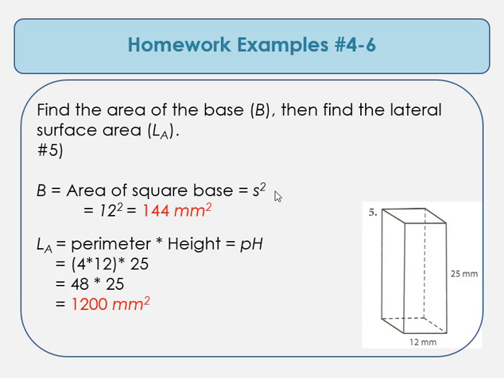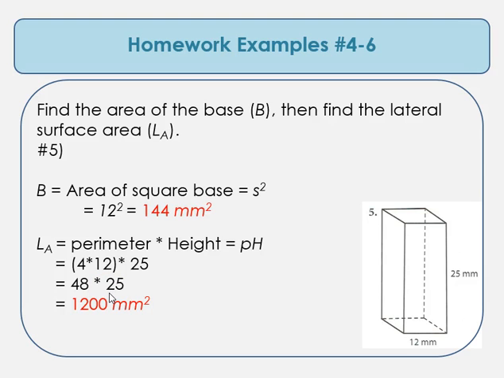Now we can solve for the faces and the lateral surface area. The lateral surface area equals the perimeter times the height, so pH. Now this is a regular figure, and for perimeter, remember, you have the number of sides times the side length. So there are 4 sides, and the length is 12.